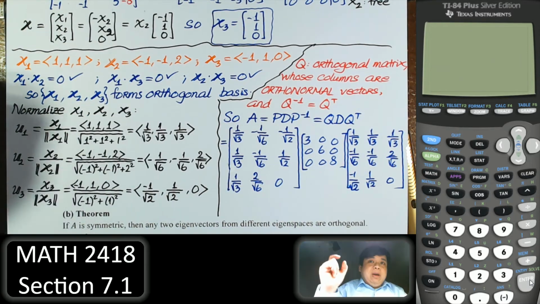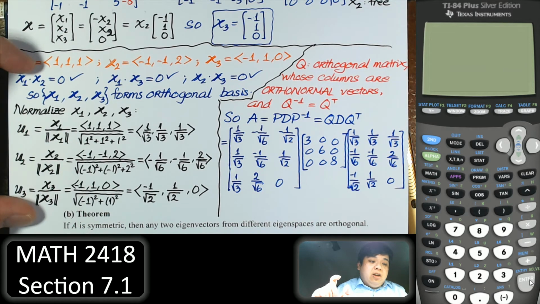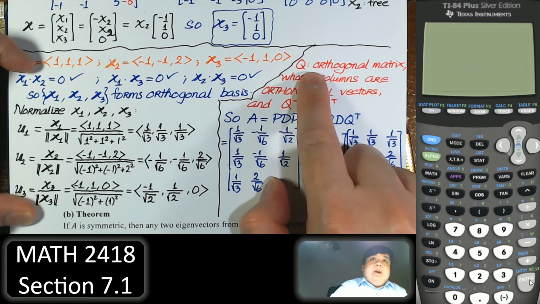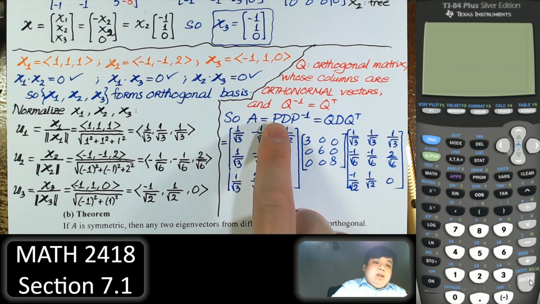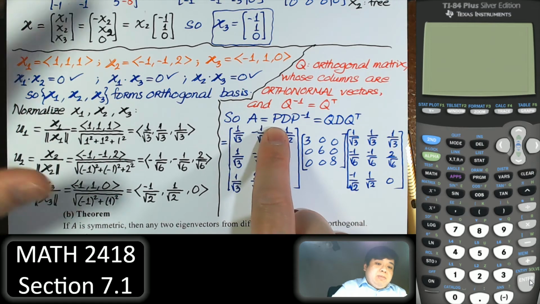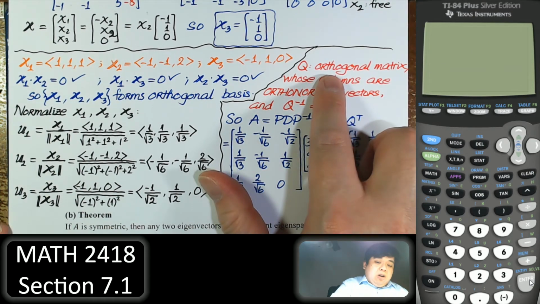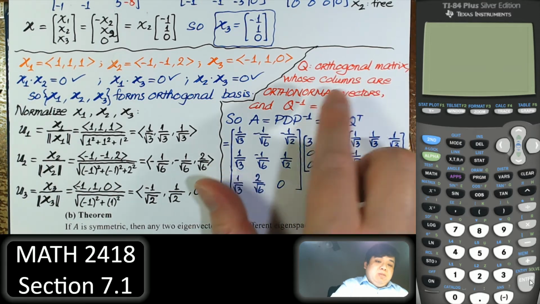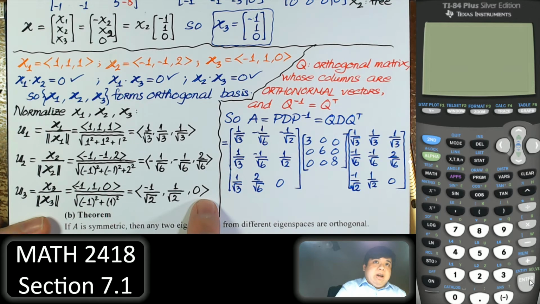But when the matrix is symmetric, we can find the orthonormal basis. Therefore, we can find an orthogonal matrix for it. So instead of any matrix of eigenvectors, we specifically use the orthogonal matrix, meaning the matrix of orthonormal vectors.